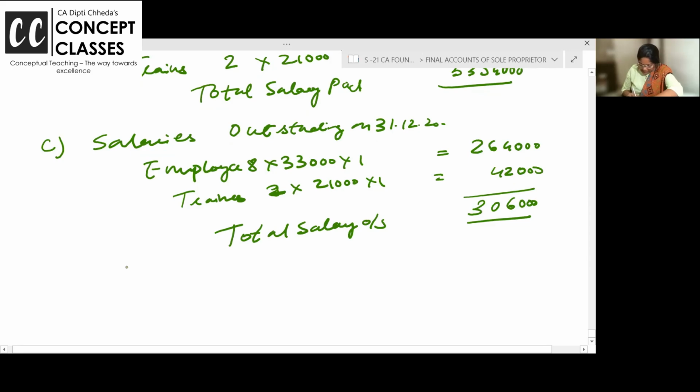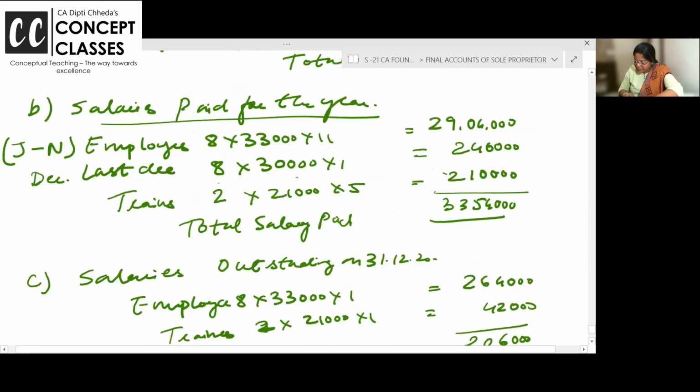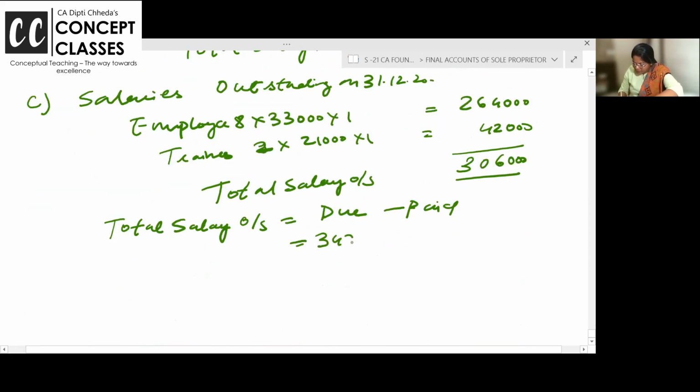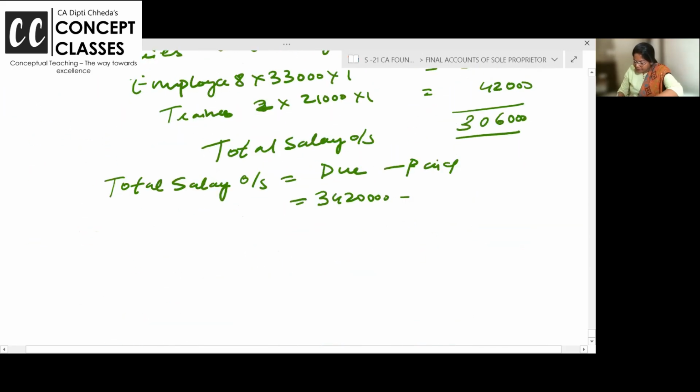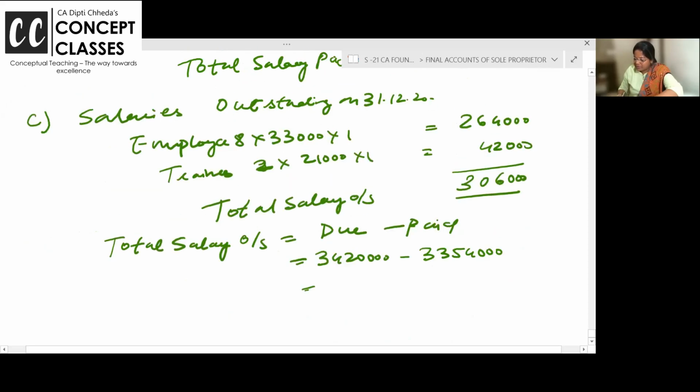Now you can see, total salary outstanding is due minus paid. What was due for the total? 34,20,000. This was due. Now what is paid? 33,54,000. 34,20,000 minus 33,54,000.